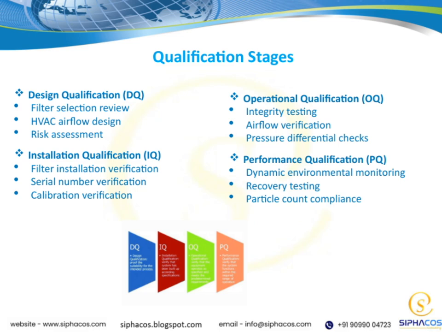We also verify serial numbers to ensure traceability and calibration verification, to confirm that instruments are properly calibrated for accurate measurements. By systematically progressing through these qualification stages, DQ, IQ, OQ, and PQ, we ensure that our systems are not only designed and installed correctly, but also perform reliably and consistently, ultimately supporting the integrity of our controlled environments.